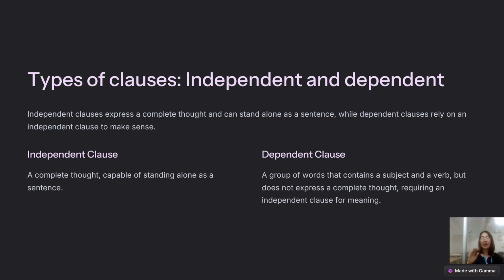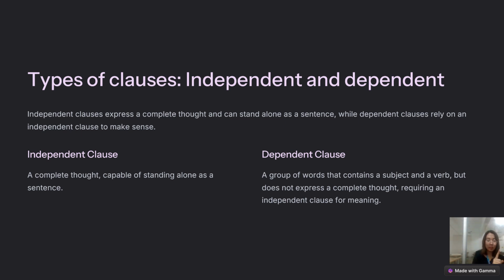So here, I'm so sorry, with a dependent clause, we will always need an independent clause. So that's it. I'm sure you are all clear with both the dependent and independent clause. It's very simple.